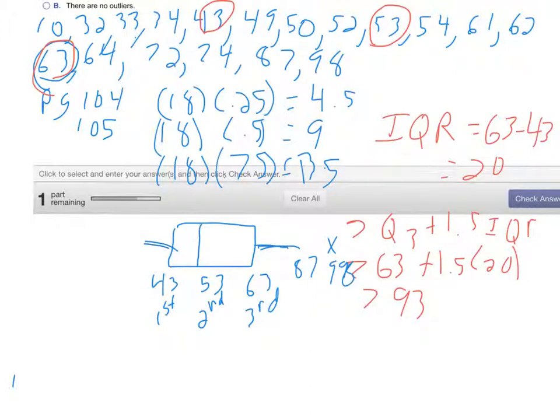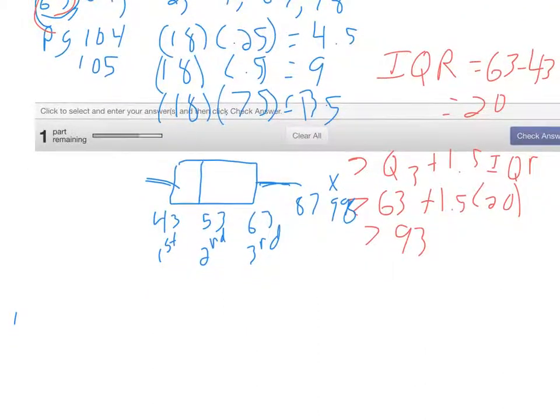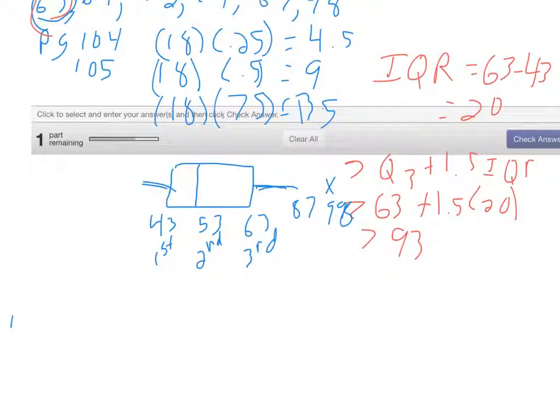And we need to similarly find the outliers on the other end. And so on the other end, to find outliers, you got to look for anything less than the first quartile minus 1.5 times 20. Well, the first quartile was 43, so we need anything less than 43 minus 30.